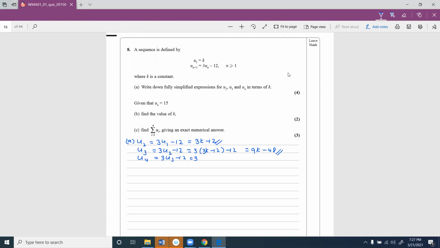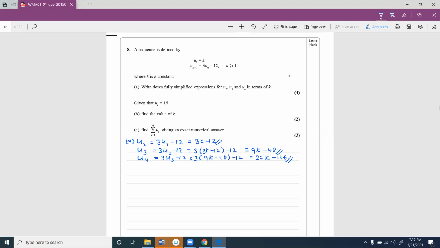That is 3 times 9k minus 48, minus 12. It turns into 27k, minus 48 times 3 is minus 144, minus 12, which is minus 156. That's the answer for that.